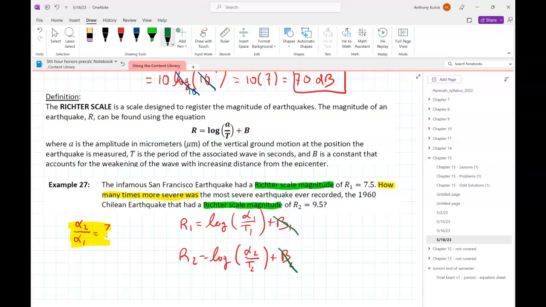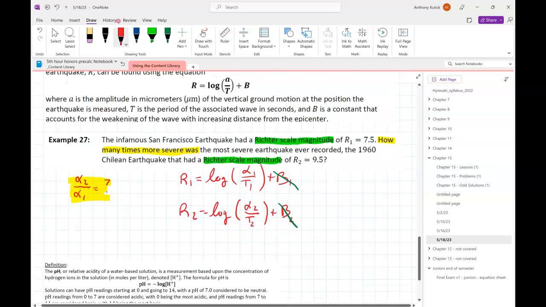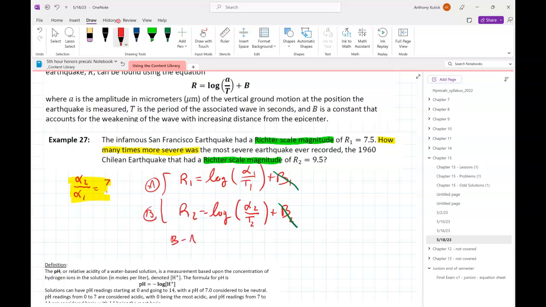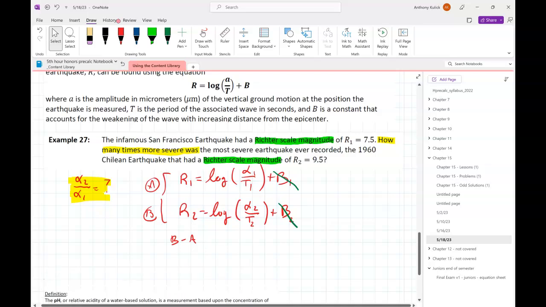Well, that's pretty nice. All right, let's see what we can do now. We'll treat this as an equation. We'll call this equation A and equation B. And let's look at equation B minus A, where we're going to take the more intense earthquake equation and subtract from it the less intense one.